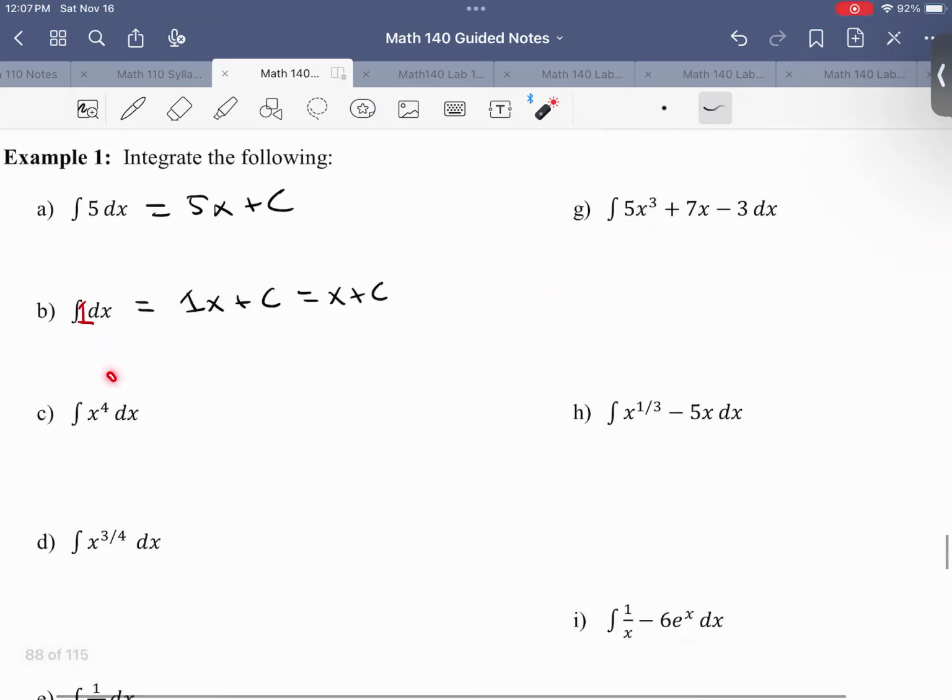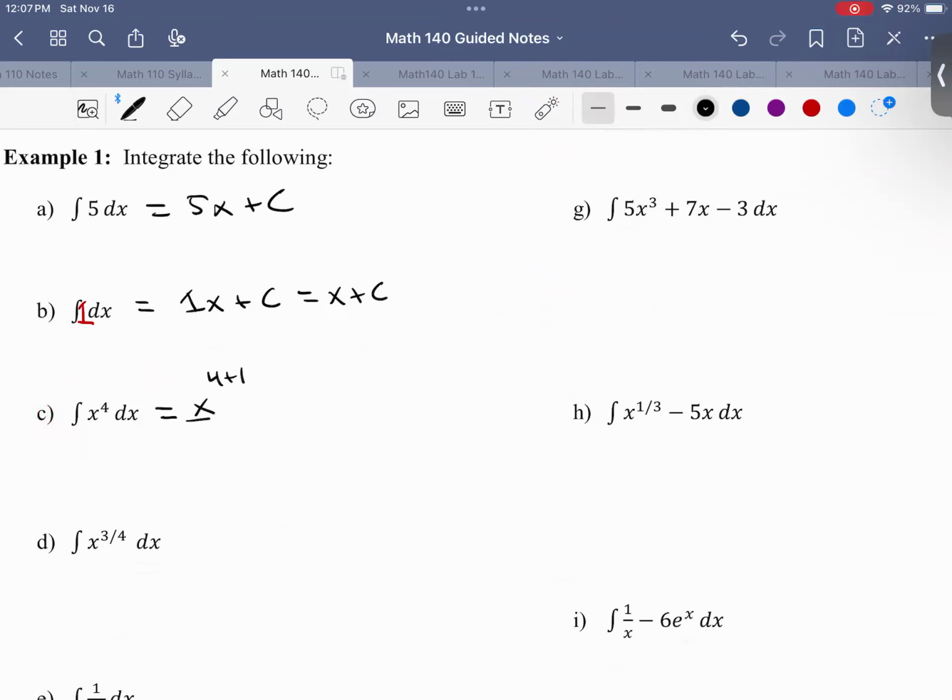So the integral of x to the fourth is going to become x to the 4 plus 1 over 4 plus 1 plus c. And if we simplify this, it becomes x to the fifth over 5 plus c. You could write it as 1/5 x to the fifth. I like to write my fractions in front, but it's your own preference. They mean the same thing anyways.